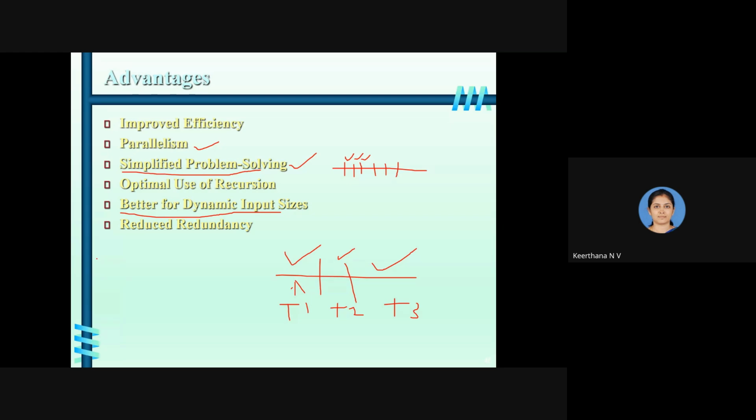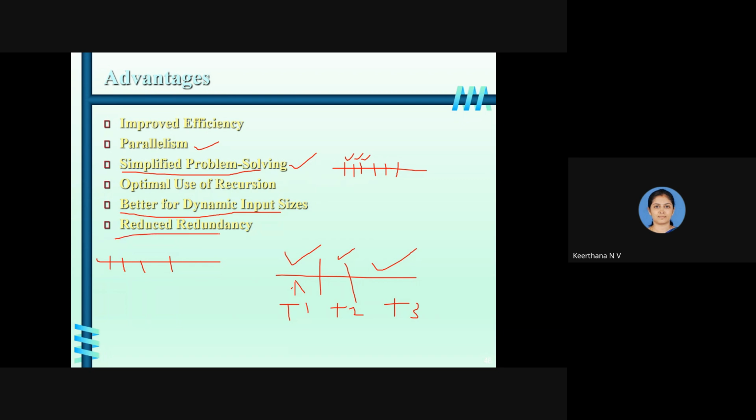Suppose you are considering 100 digit numbers in a method, accordingly it will be divided, processed, and it will provide a better solution. So in real world scenarios, this will be very flexible. If you are using divide and conquer, even if the input size is not known, it will achieve a betterment of solutions.